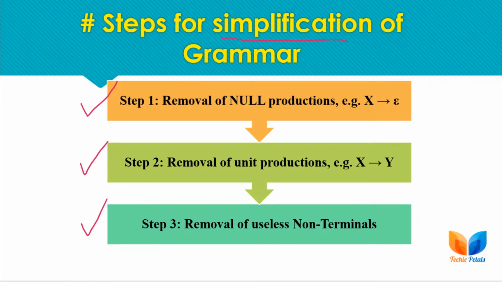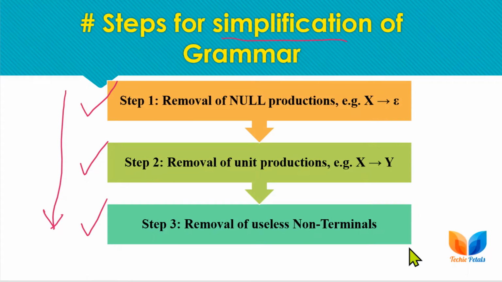You have to follow these steps in the given sequence only, because if you follow any other sequence, means if you start by removing unit production first, then removal of unit production may lead to more null production rules, and then removing some null production rule may lead to unit production rules again. If you follow the sequence, removing the unit production after null production, and in the last removing the useless symbols, then less effort will be required for the simplification process. So my advice is to follow these steps only.